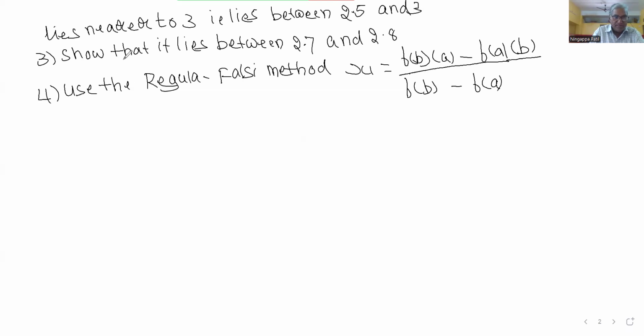Then show that it lies between 2.7 and 2.8. You have to show this to the examiner. Then use the regula falsi method: x1 equal to f(b) into a minus f(a) into b, divided by f(b) minus f(a).